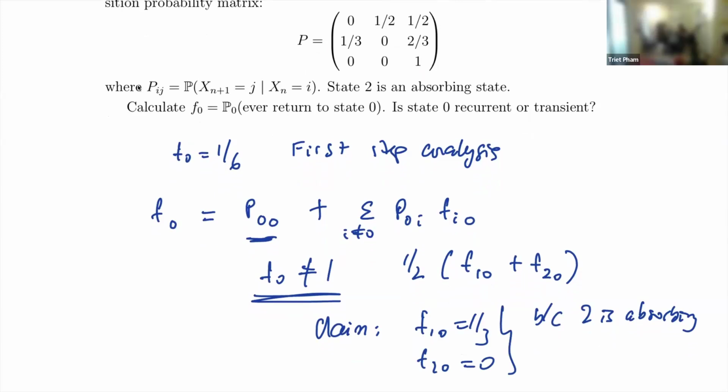But I'm not sure if Riva would write all these things down, but this is what you should write down notationally. And the logic being used is first step analysis. All right, any question here? All right.